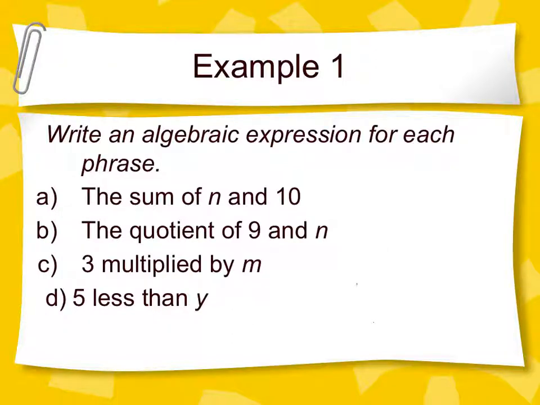And so we now have 3 multiplied by m. This is going to be really important, and I want all of you to get into this habit. So in order to show 3 times m, we write 3m. Notice the 3 is in front. It's called the coefficient. It has to be before the m.